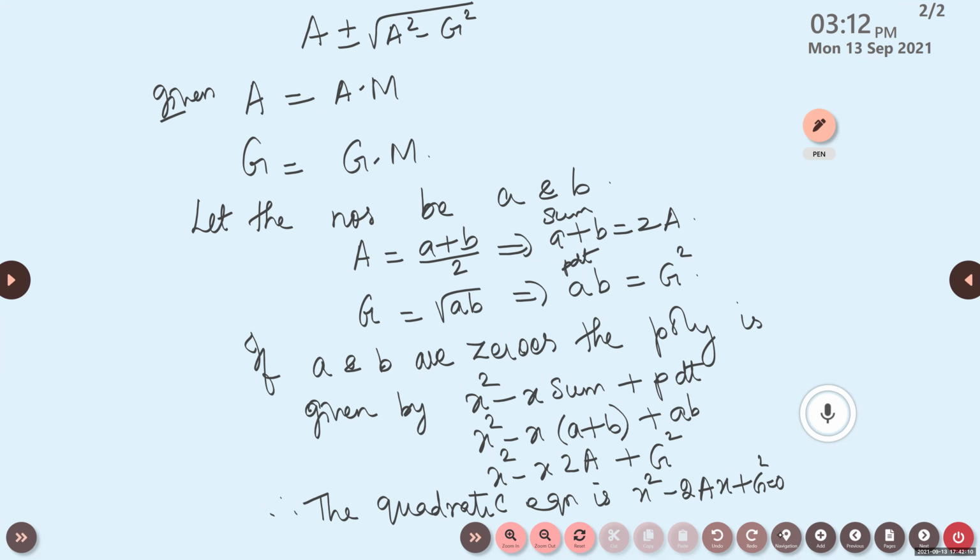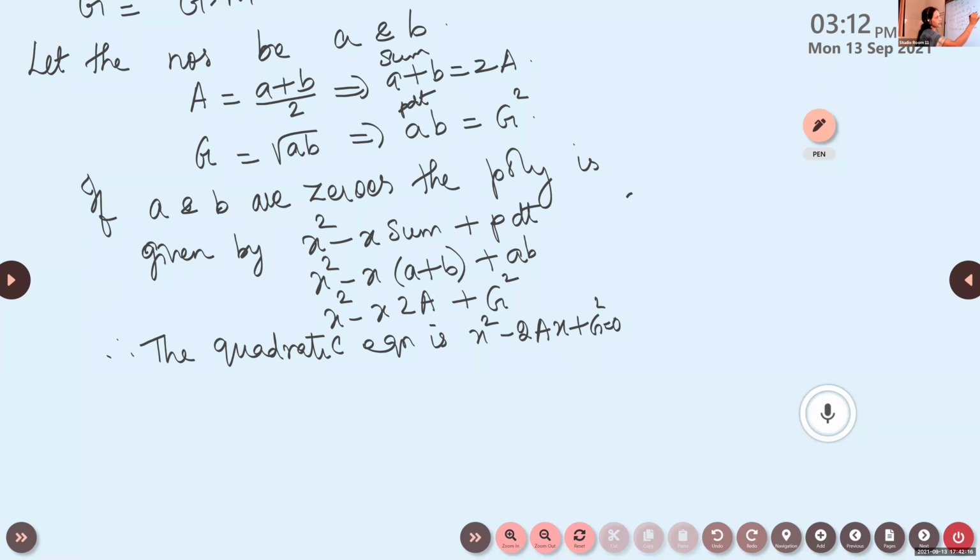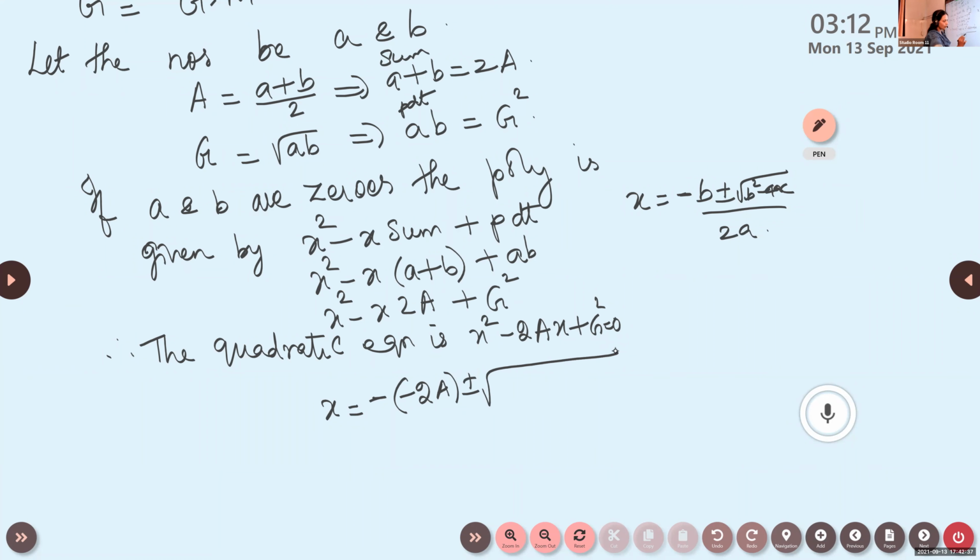Yes, ma'am. Now we have one quadratic equation in x. I'm going to solve it using the quadratic formula. What is the quadratic formula? x is equal to minus b plus or minus root of b square minus 4ac, by 2a. So when you use the quadratic formula, x is equal to minus of minus 2a, plus or minus root of b square.